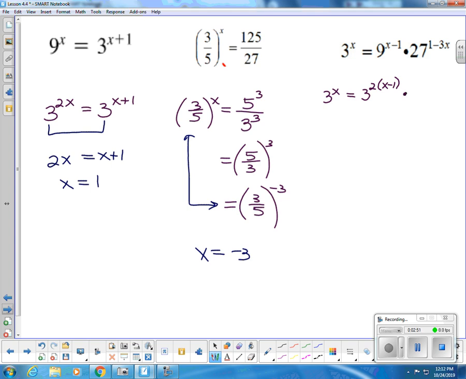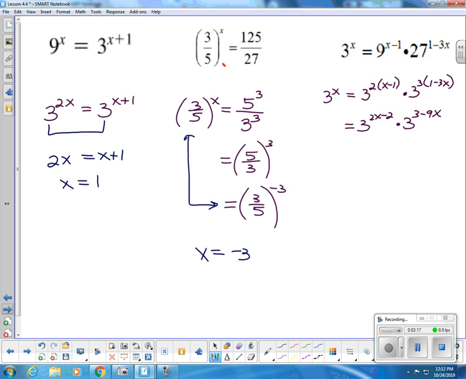Times 27 is 3 to the third, 1 minus 3x. Now, what do you do when you multiply like bases?